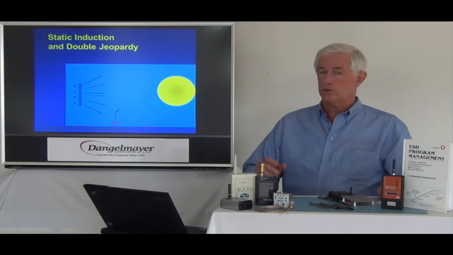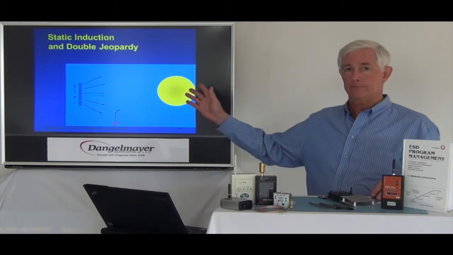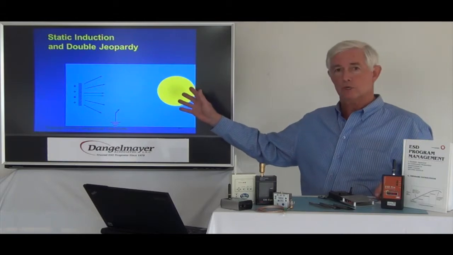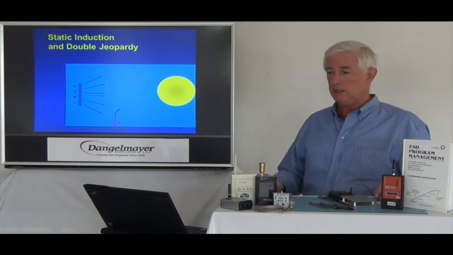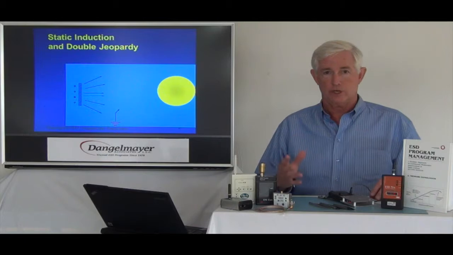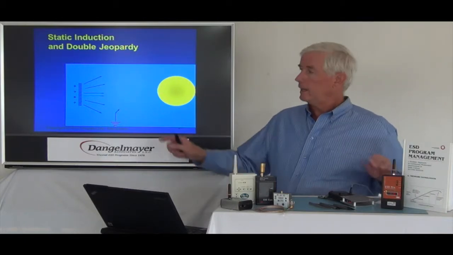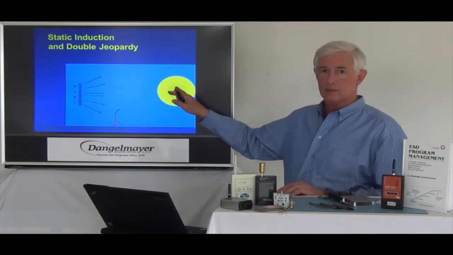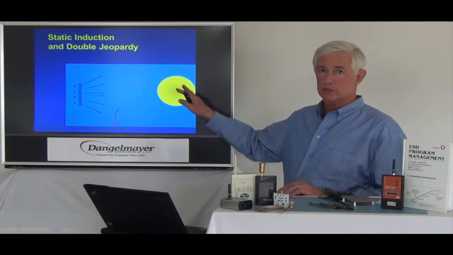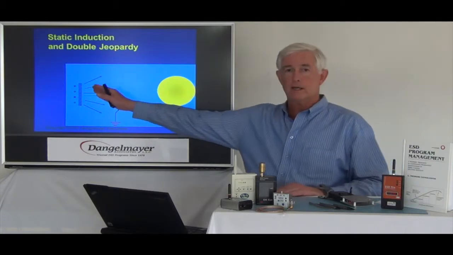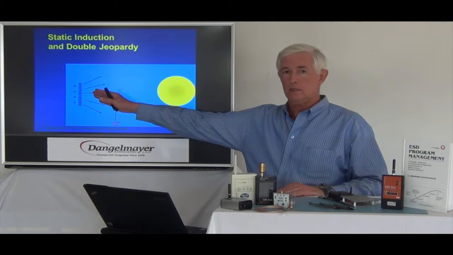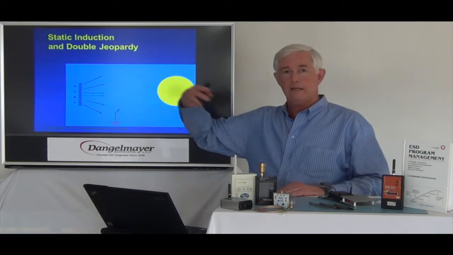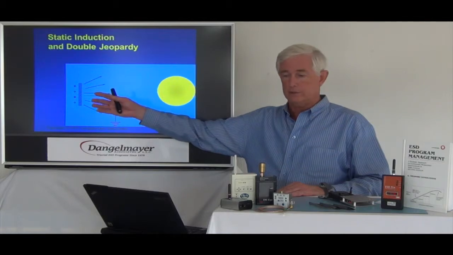Now, to my right, I have an image that we're going to use to show you the induction and the double jeopardy scenario. What we have here is a disk that at the moment is not charged. And over here we have a source. It's a positively charged source radiating an associated field.